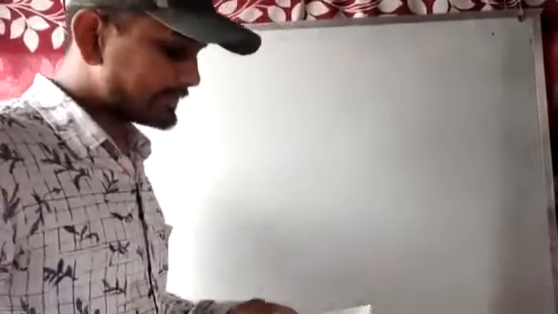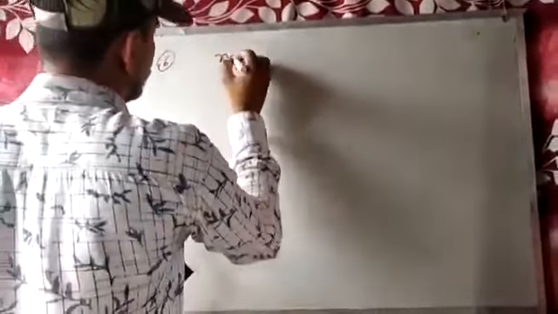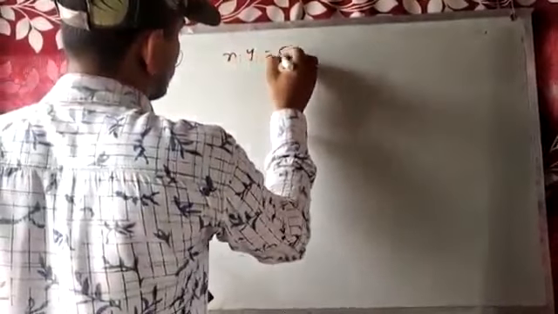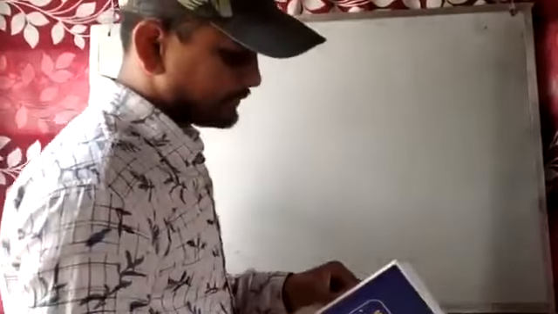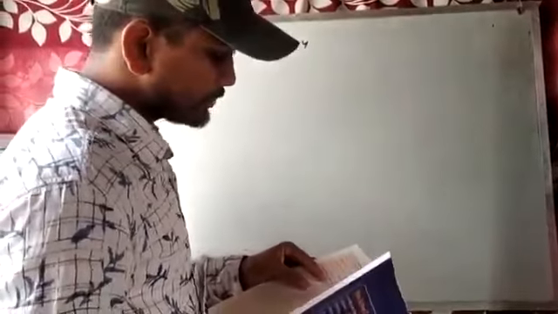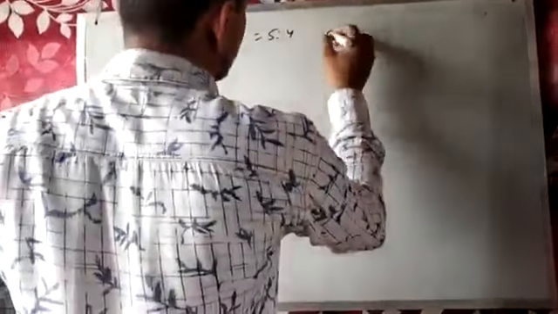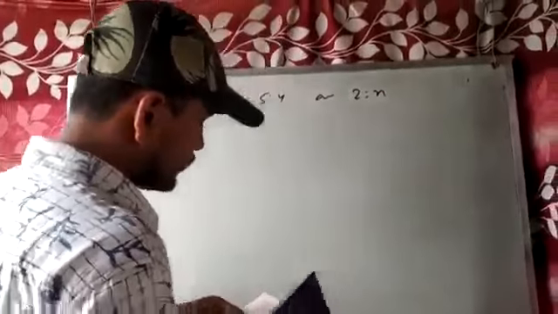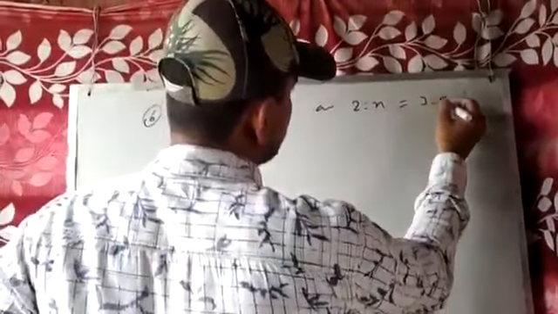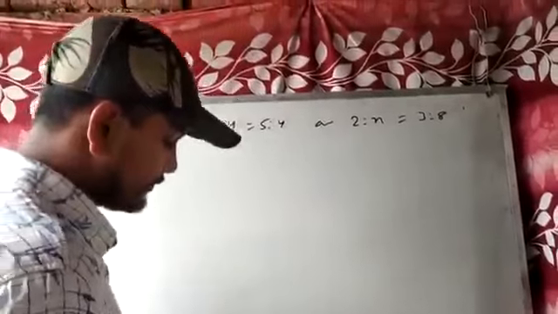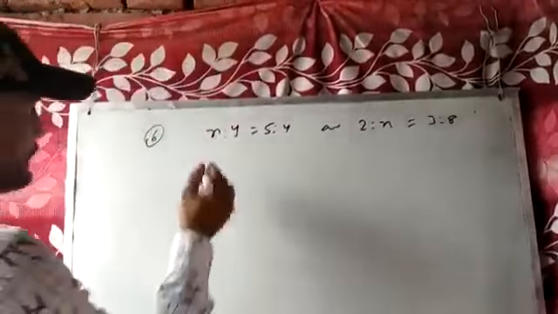Question number 6. So what is question number 6? If x is to y is 5 is to 4 and 2 is to x is equal to 3 is to 8, then we have to find the value of y.